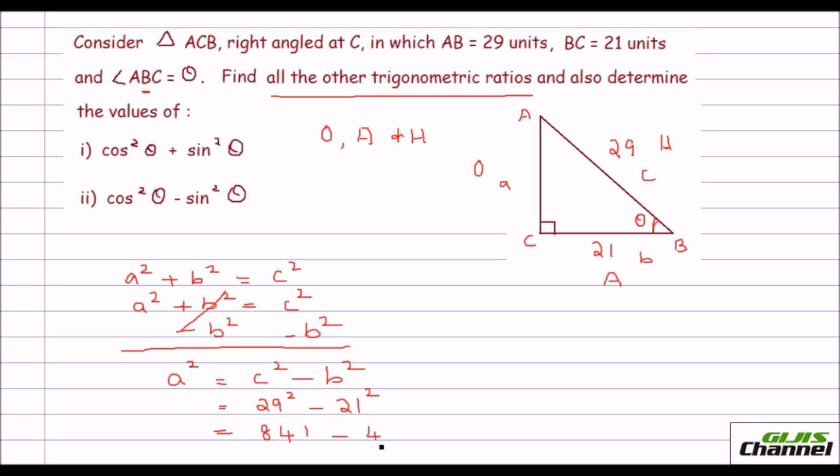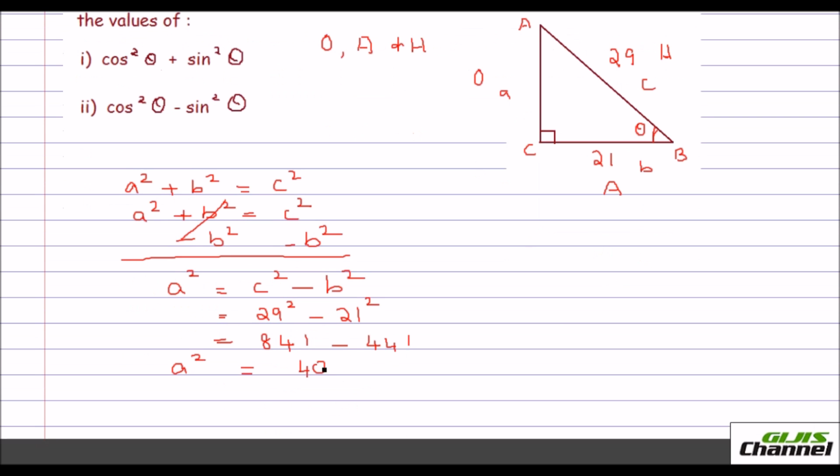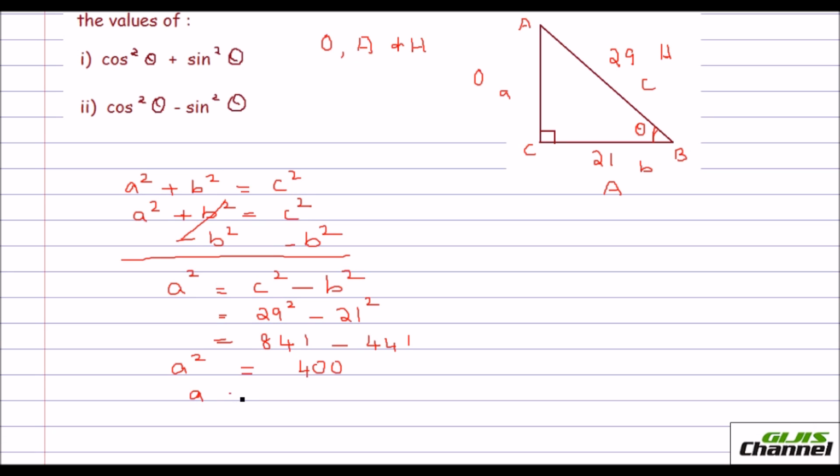That is 441. So that's 841 minus 441, so your a square is 400. So your a would be square root of 400, that is 20. So you got the third side as 20. It is 20 here.